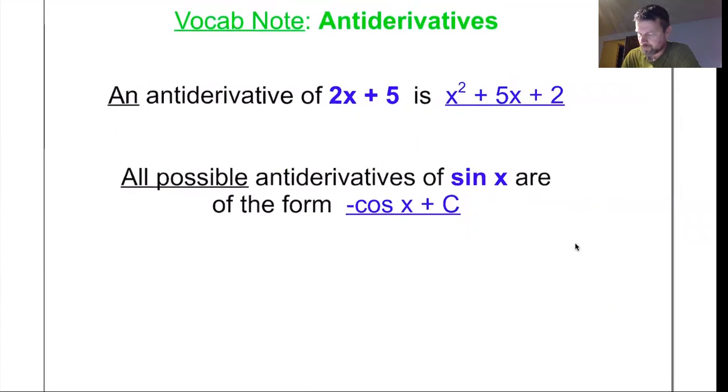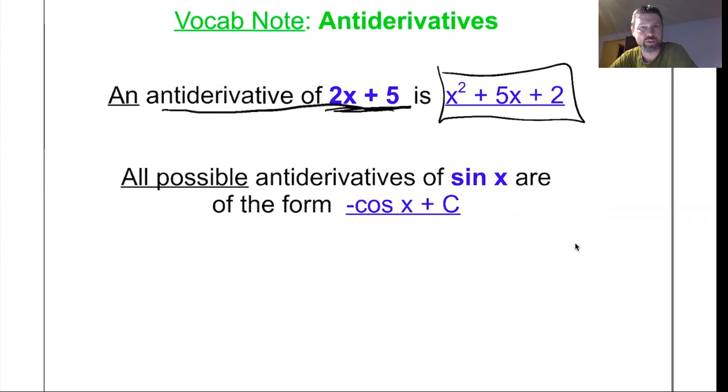Antiderivatives. An antiderivative of 2x plus 5 is x squared plus 5x plus 2. That's one example of an antiderivative because the derivative of this thing is 2x plus 5. Right? So antiderivative goes back to the original function. All possible antiderivatives of sine of x would be negative cosine of x plus c.